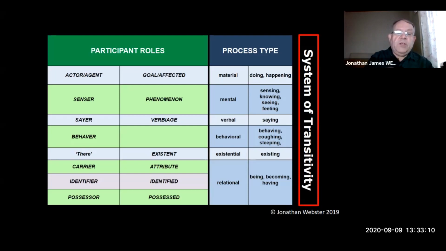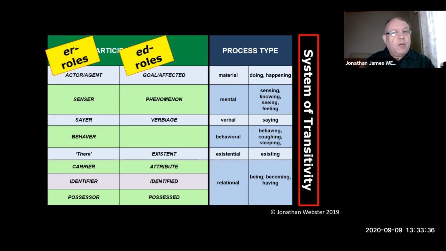And there are different participant roles. In a doing process, there is the actor or the agent, and it's being done to the goal. The action is being carried forward to the goal, the affected. In a mental process, it is the sensor and what has been sensed, what was known, the phenomena, and so on, all right?